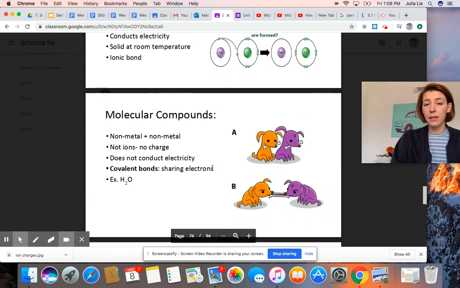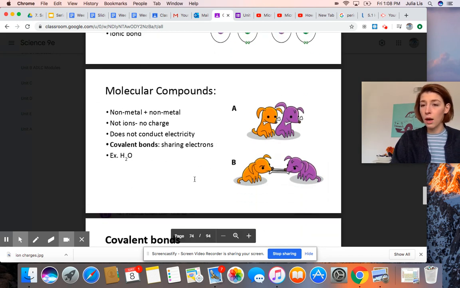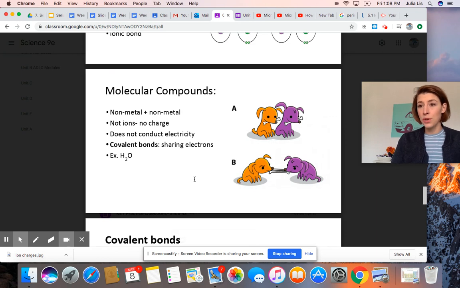This is different than a molecular compound, because molecular compounds are between two nonmetals, so between two greedy elements. And between these two greedy elements that both want to gain electrons, you're not going to have an element agree to lose an electron. So they end up coming to an agreement, these two nonmetals.